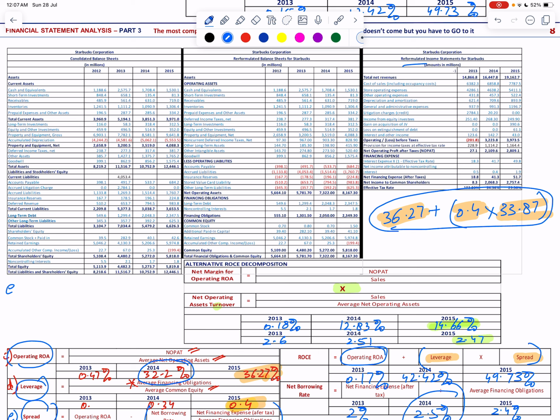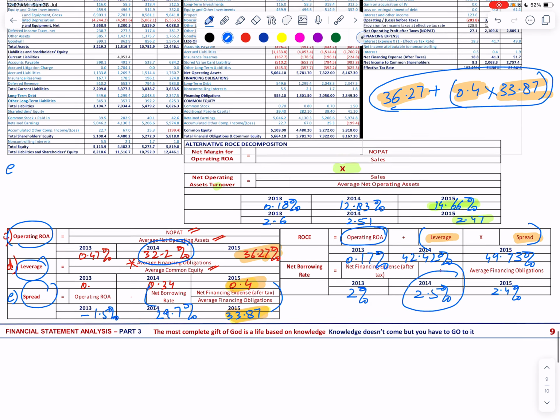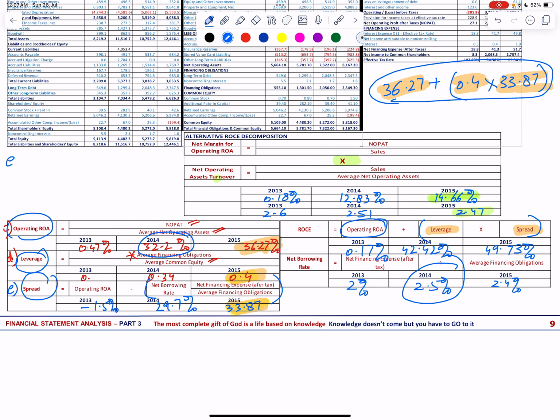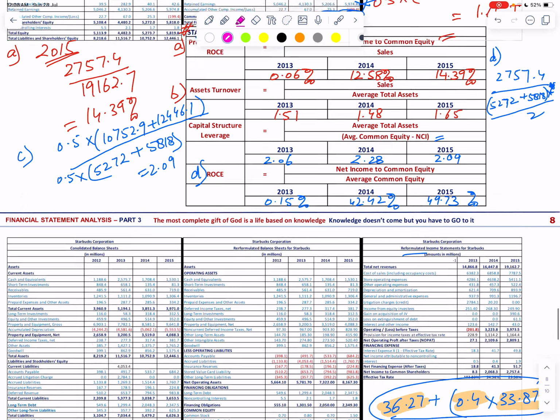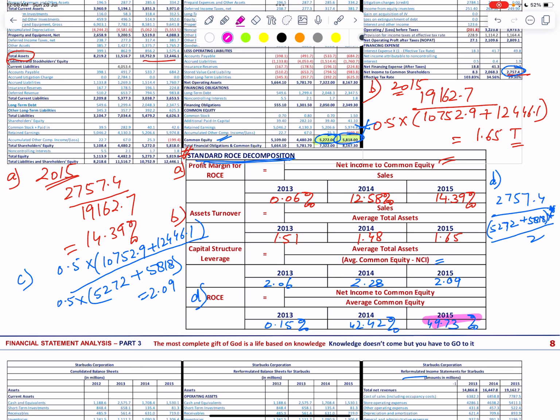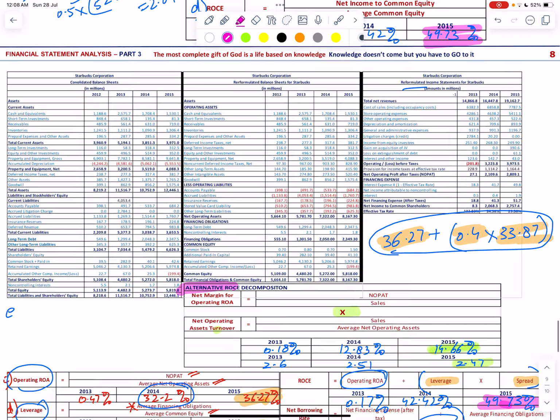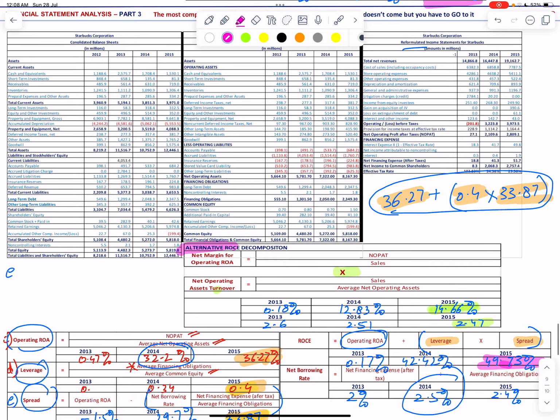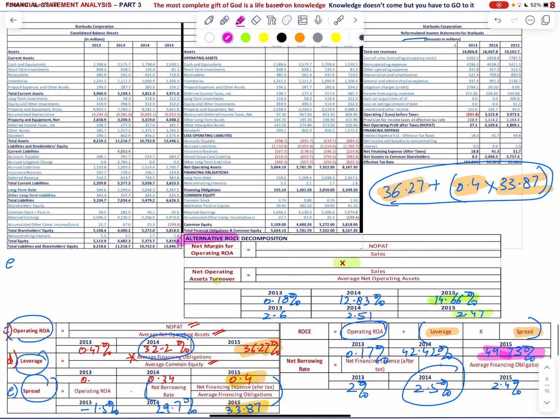What is interesting is that if you look into the return on capital employed, both the standard and alternative method, the alternative is 49.73%, and the standard method is again 49.73%. So we don't have a difference in the calculation of return on capital.